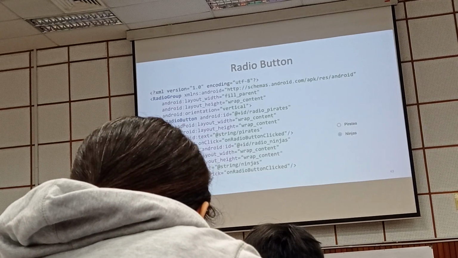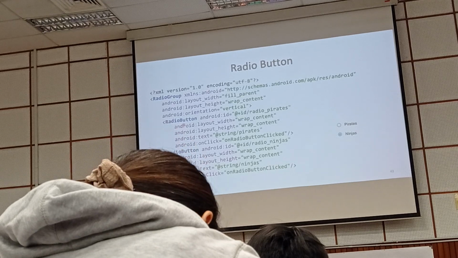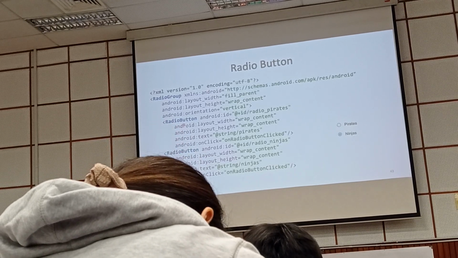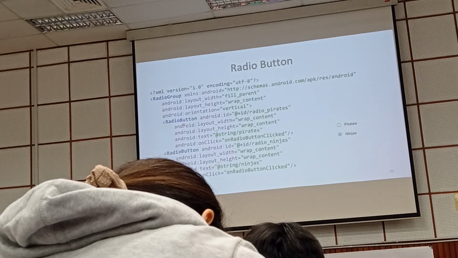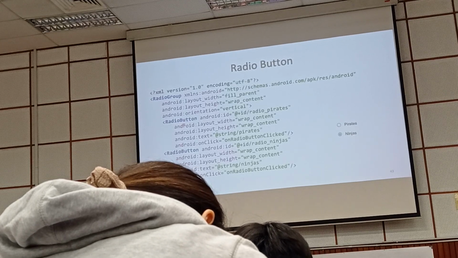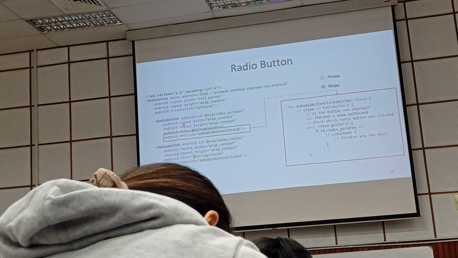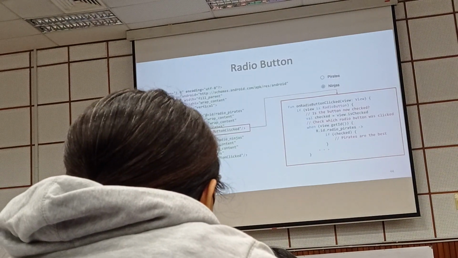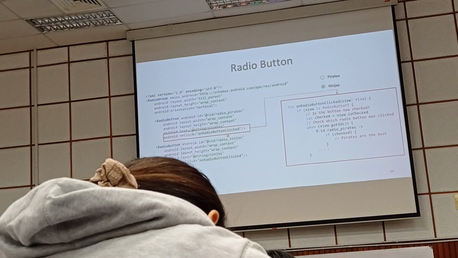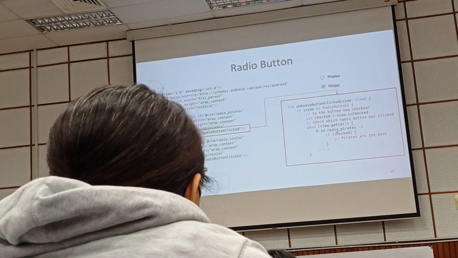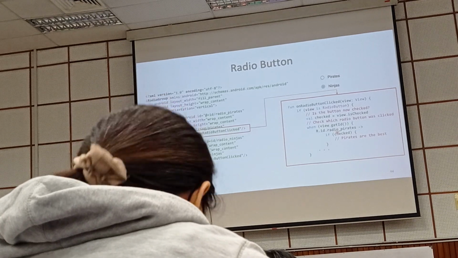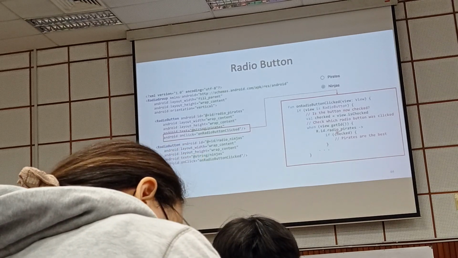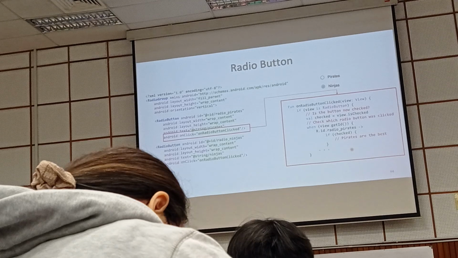If you put them as independent objects, they won't be a group, and so you can choose more than one item. Okay, this is a radio group. A radio group is handled by one single event handler, such as this one. You can practice this later during your practical. I don't want to go into much detail.